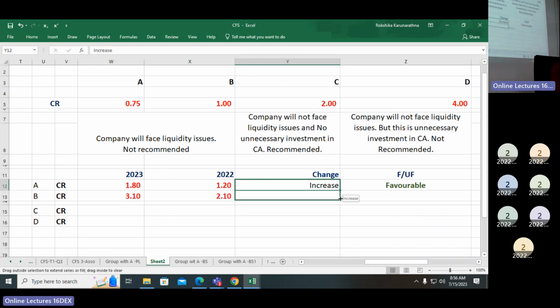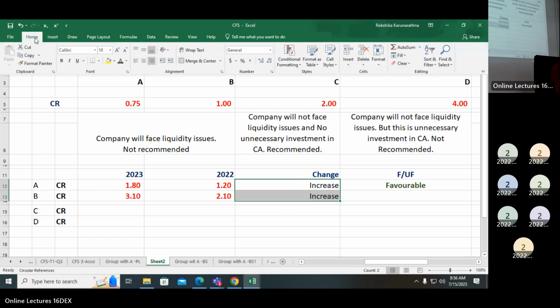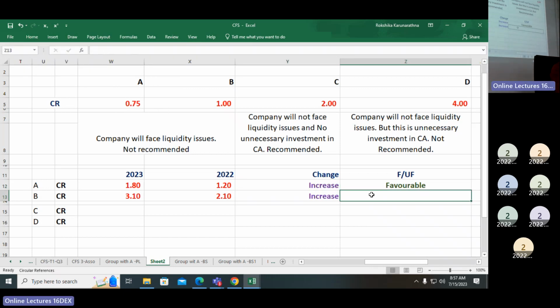Now the change is also an increase. What is your observation? Is it favorable or unfavorable? This time it is unfavorable, right?